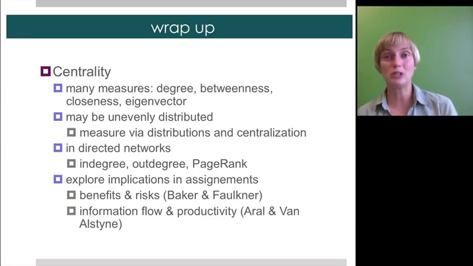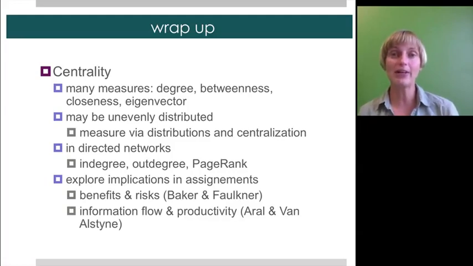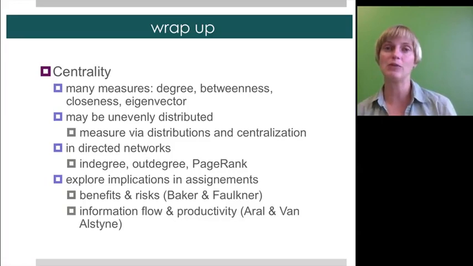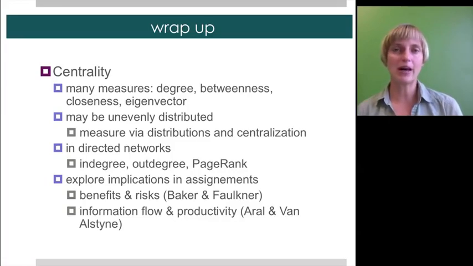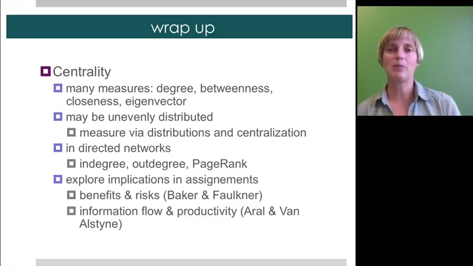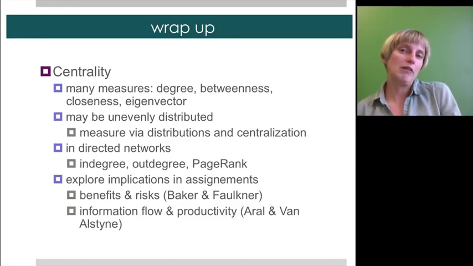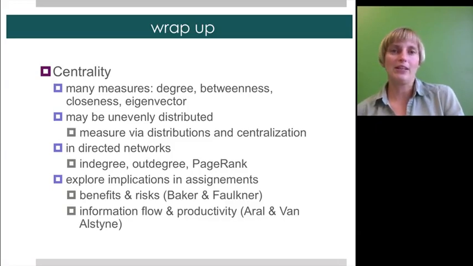I mean, sometimes it's just nice to look at a network and say, oh, here are the central nodes. For example, you can do this with the Enron email network that was released as part of the court proceedings. And you can infer who the top level management was simply because of their high centrality.